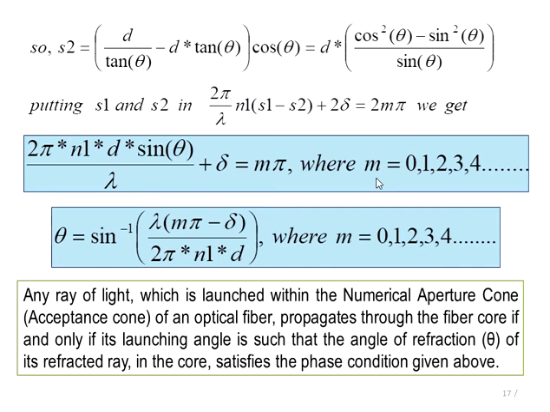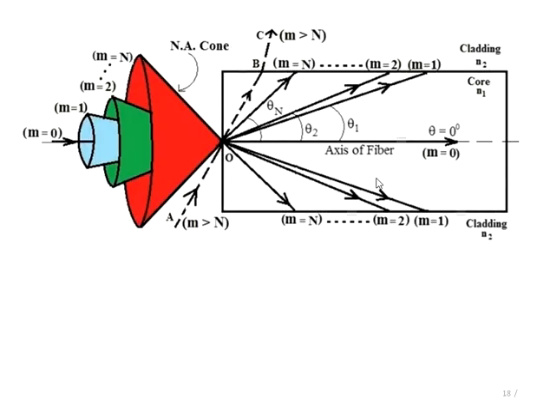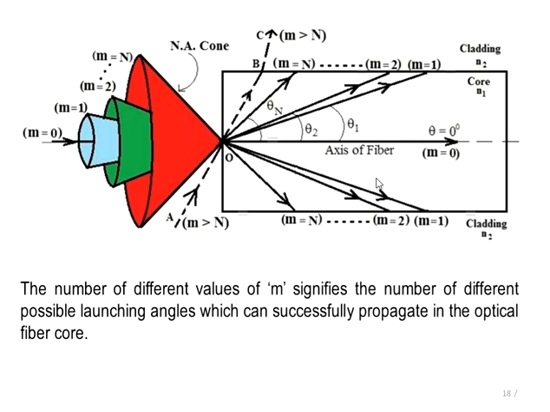So this suggests that there are only some discrete launching angles within the acceptance cone for which the ray can propagate inside the fiber. If we visualize this, you can get a clear idea of what we are saying. Inside this core, there are only a finite or discrete number of angles.